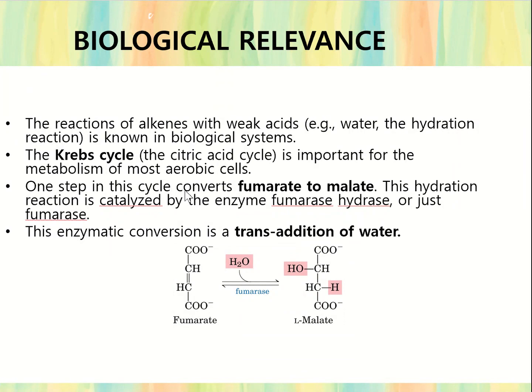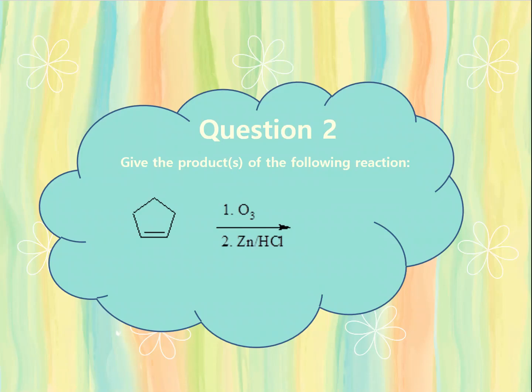And one step in this cycle converts fumarate to malate, seen here. So we actually have an alkene that is hydrated here in the presence of an enzyme called fumarase, and the enzymatic conversion is a trans addition of water. So these reactions that we're talking about here are very, very relevant because they occur in your body.